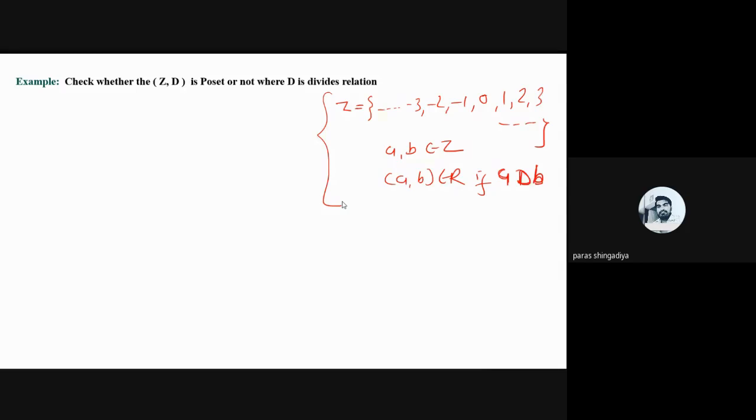Yes, what is the answer? Is it reflexive? Rachi, can we say this relation is reflexive?